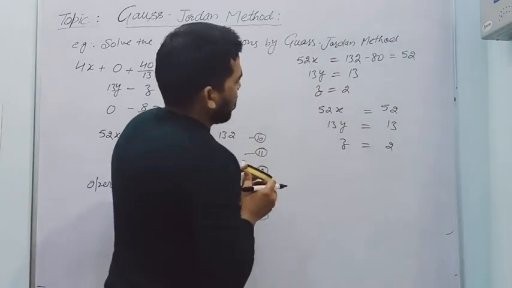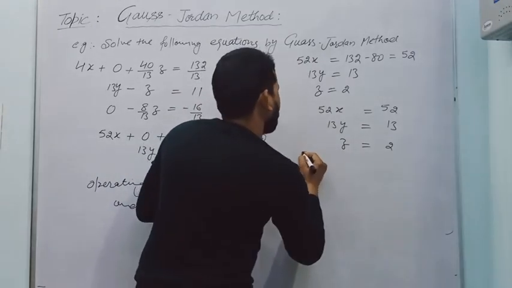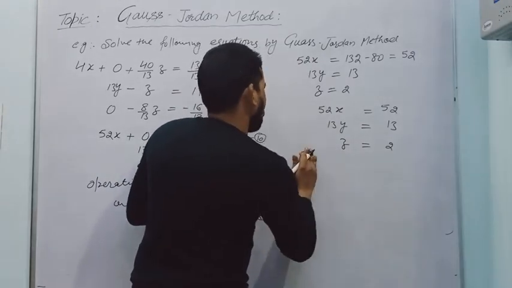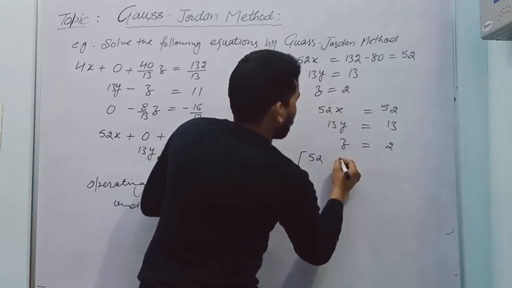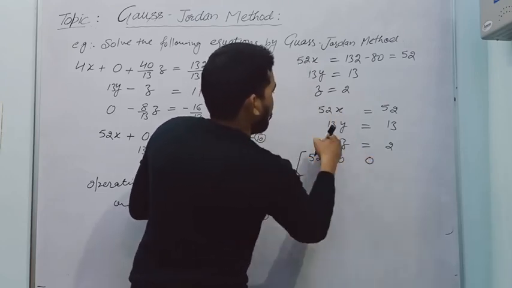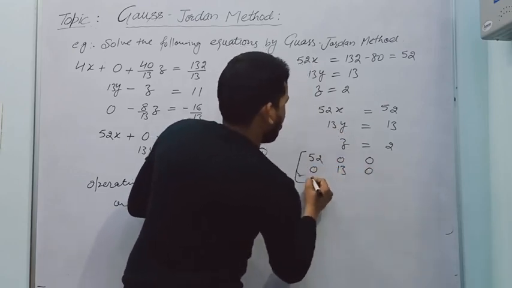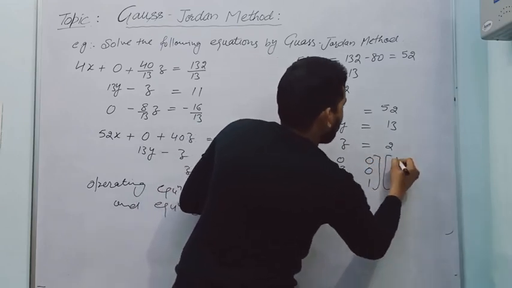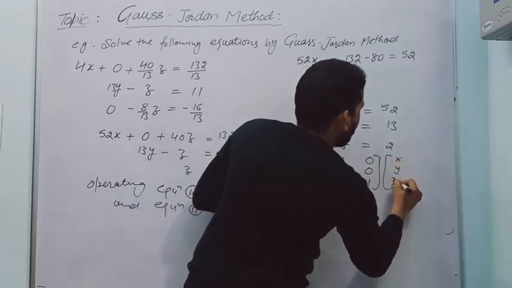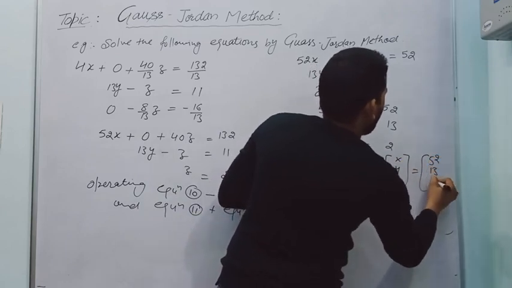Now you can check that the system becomes diagonal form. If I write down this system in matrix form, this is in diagonal form. The coefficient of x is 52, coefficient of y and z are 0. In this, coefficient of x is 0, coefficient of y is 13, coefficient of z is 0. In this, x and y coefficients are 0 and coefficient of z is 1, and this is x, y, z. On the right hand side there is 52, 13 and 2.